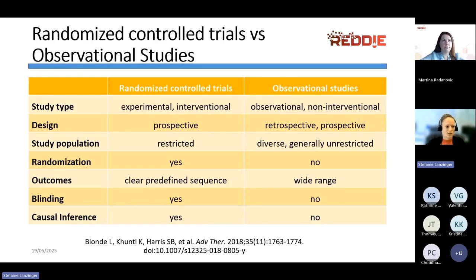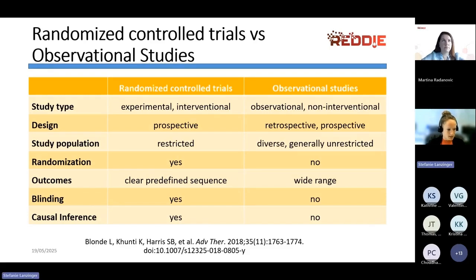Observational studies are also more flexible with regard to the design and also the study population. So we can use a generally diverse and unrestricted population in observational studies, versus in RCTs, the population is restricted due to the strict inclusion and exclusion criteria.